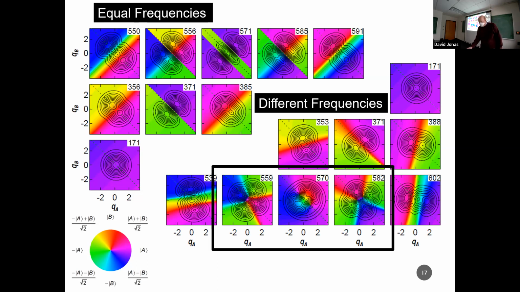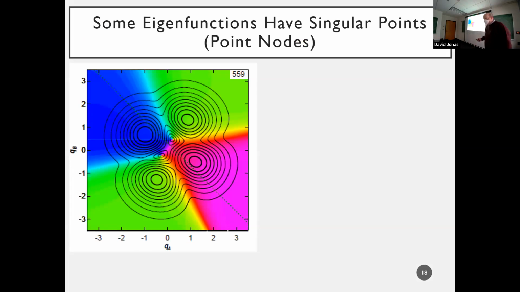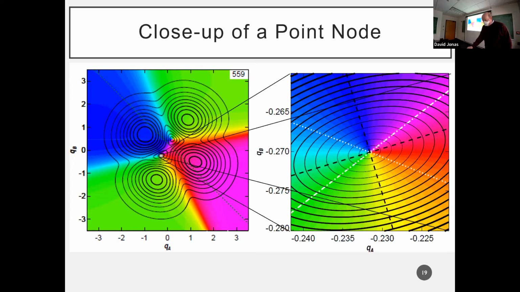So those three, it turns out that if you look in a little closer, you can see that these places where color is splashing out are occurring below the very lowest contour of this vibrational factor. And so it's looking like we have sort of point nodes in 2 dimensions, which is more than a little weird. You zoom in closely, and there's the point of 0 amplitude, best you can numerically determine it.